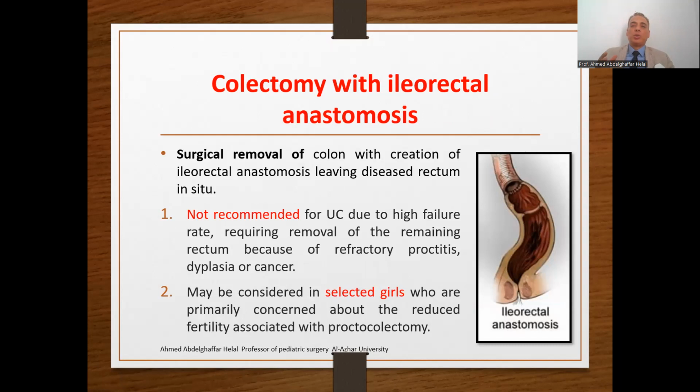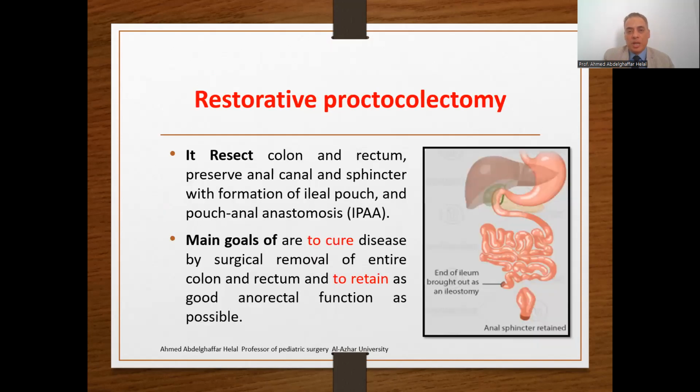During removal of the colon and rectum, there may be pelvic dissection, leakage, infection, and some erectile dysfunction in males and some reduced fertility in females. So some selected girls may request colectomy with ileorectal anastomosis.